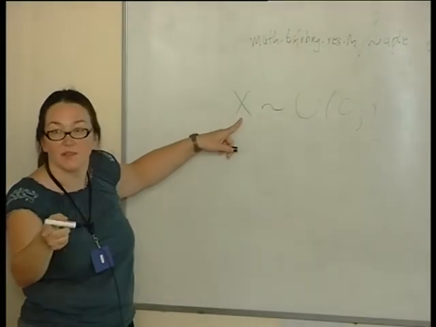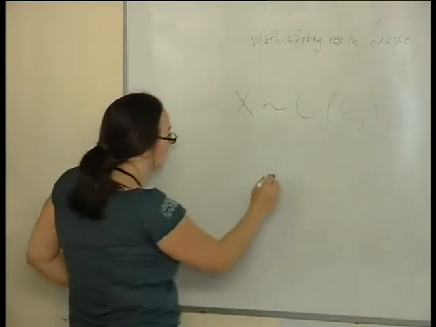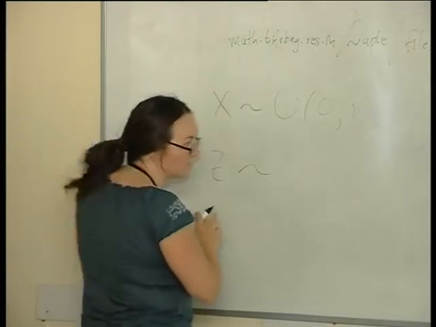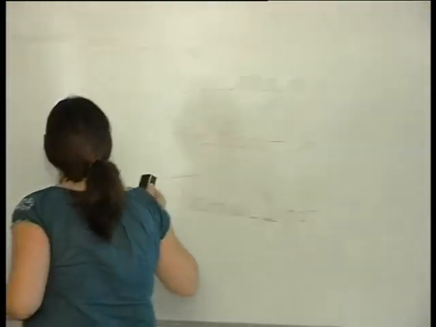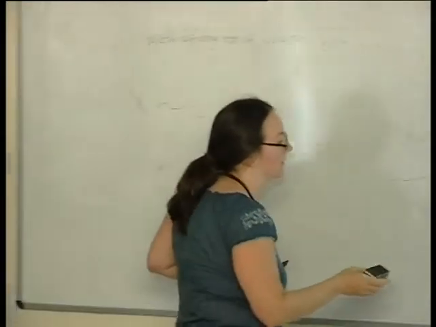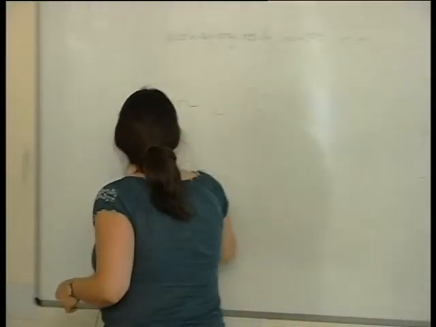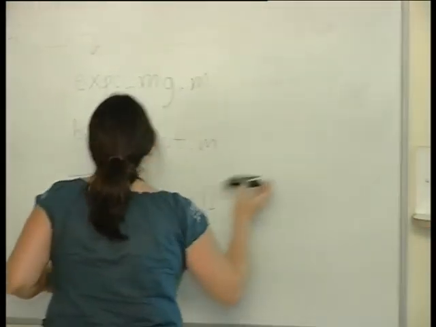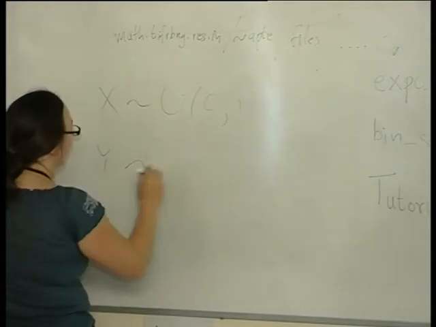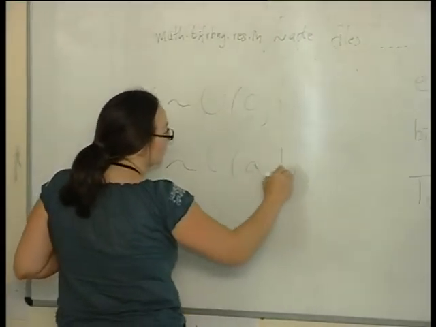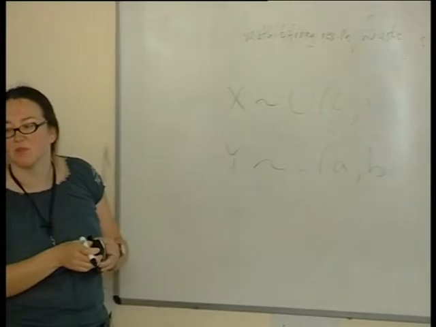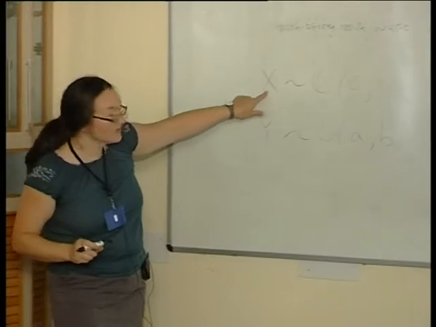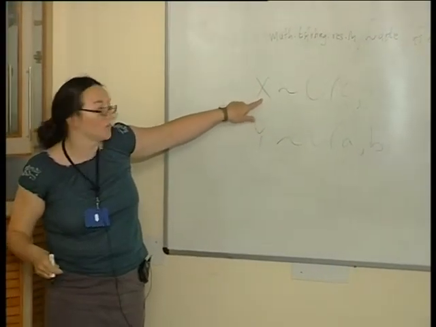If I give you this number, how do you transform it to be, say, y, from uniform some number a to some other number b? We'll always think of b as being bigger than a. So x goes from 0 to 1. Smallest number is 0, biggest number is 1.